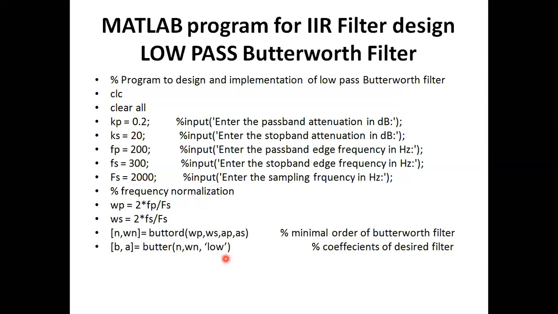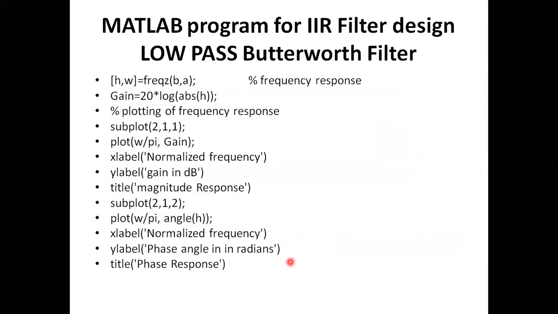After finding the coefficients and order, now find the frequency response of your filter. So what is the command for finding the frequency response? It is freqz, this is the command. Z means Z domain, your response will be there. So freqz in bracket, numerator coefficients and denominator coefficients.